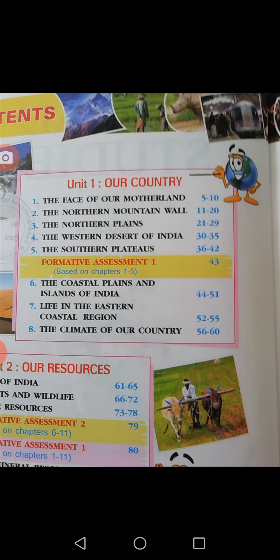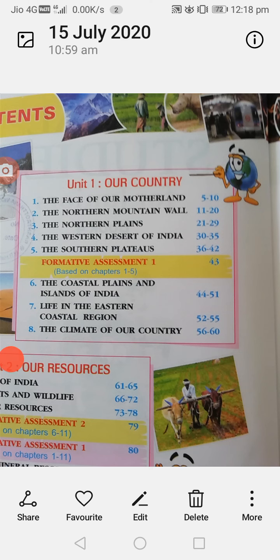This is the first unit. In this first unit, 8 chapters are there. I will read one by one. The face of our motherland, first chapter. Second chapter, the northern mountain wall. Third chapter, the northern plains. Fourth chapter, the western desert of India.